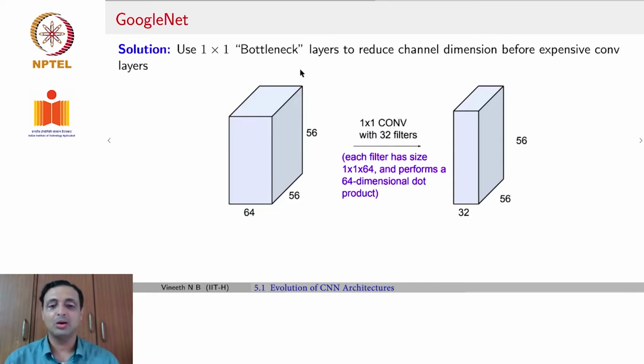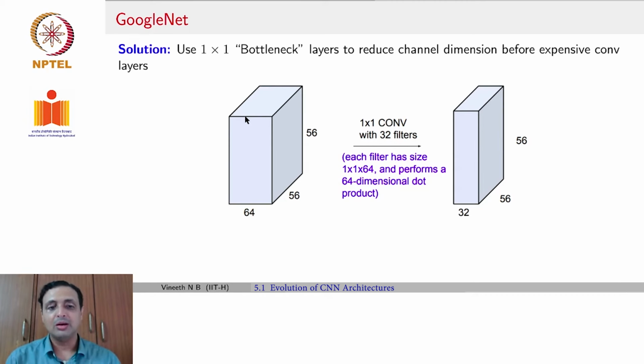Now let's look at what this means. So if you have a 56x56x64 volume, you can do a 1x1 convolution across the depth. So that filter would be 1x1x64.